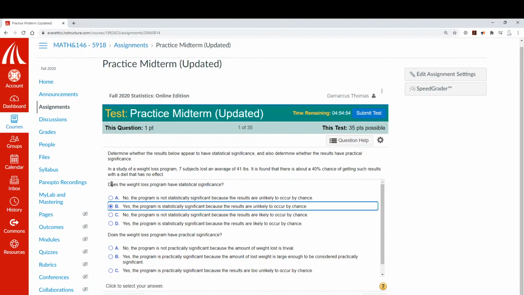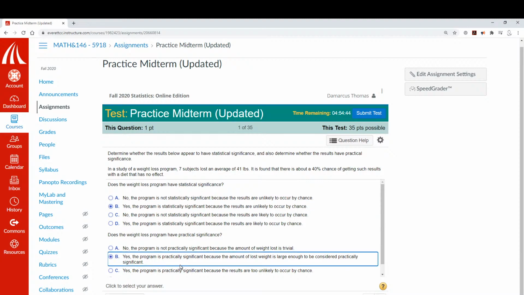Now, does the weight loss program have practical significance? I would say yes as well, because the amount of weight loss is considered practically significant as well.